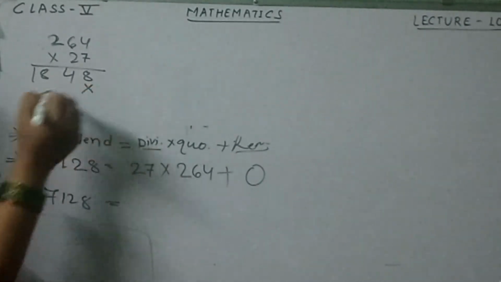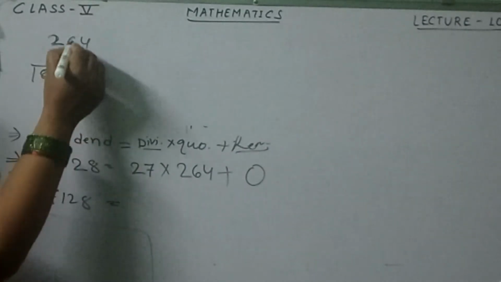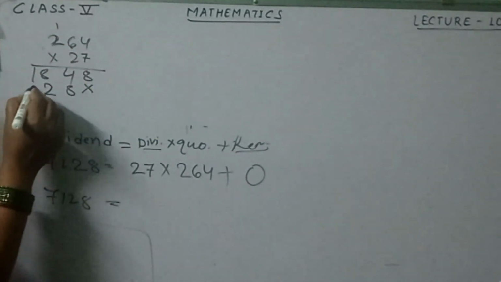What I told, you have to put the cross mark. 2 fours are 8, 2 sixes are 12, 1 is carry, 2 twos are 4 and 1, 5.